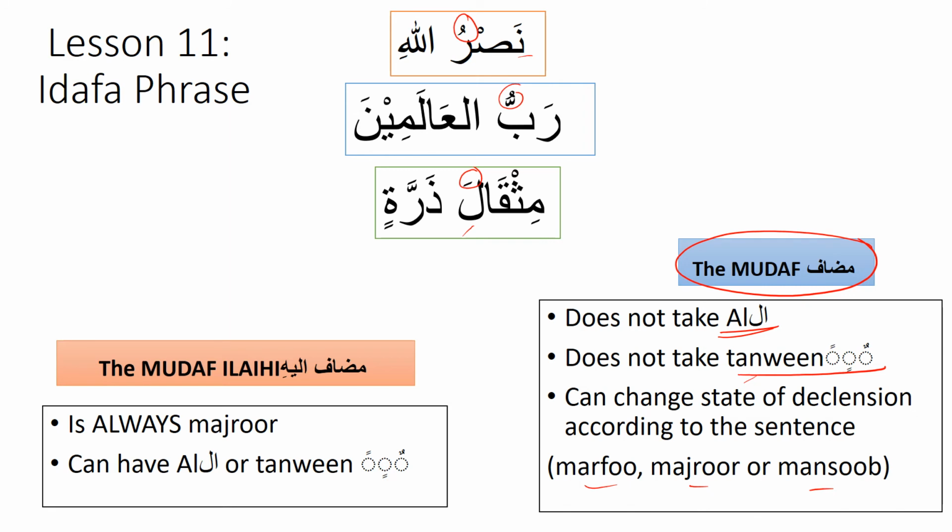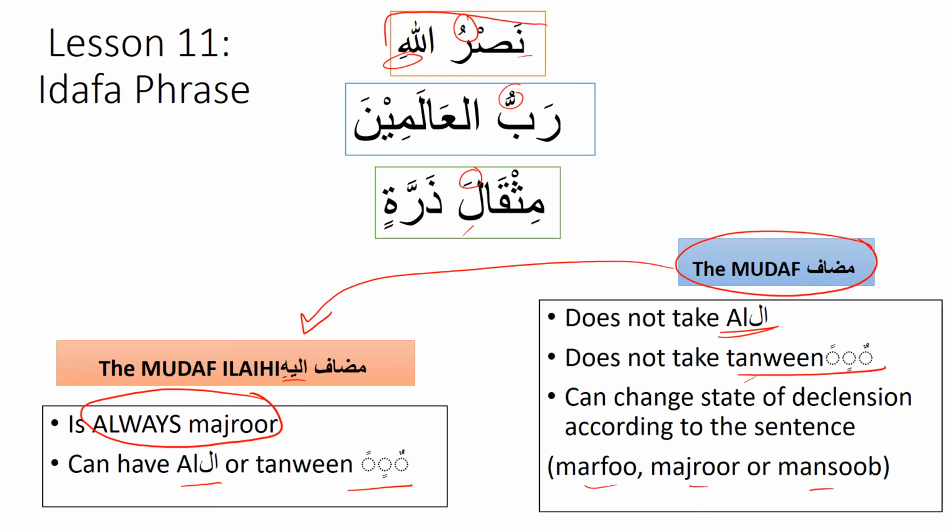And then you would confirm that yes, it is a mudaf ilayhi phrase or idafa phrase, because the next word after it would always be majroor. The mudaf ilayhi is always going to be majroor, and it can have an al or a tanween. In fact, it should. It should have some sort of tanween or al, mostly.